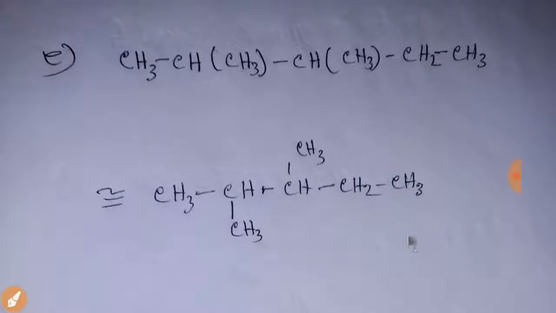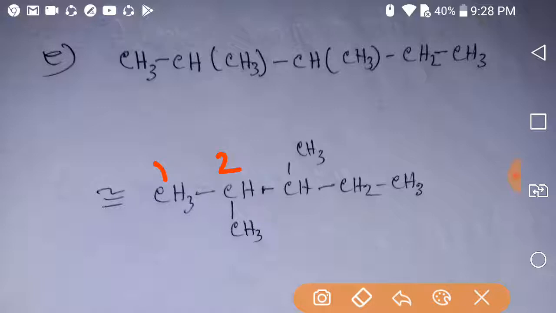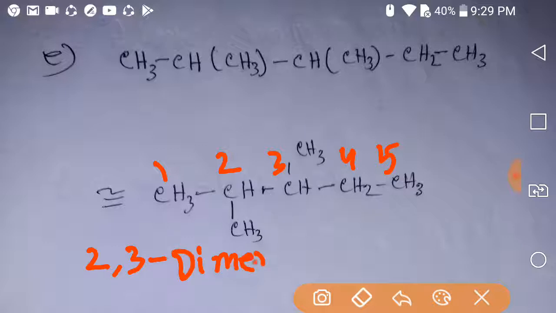So let me number from this side. We'll take the position of the branches at first. So 2 and 3. So 2,3 hyphen dimethyl, right? And pentane, since this has 5 carbons, pentane, right?